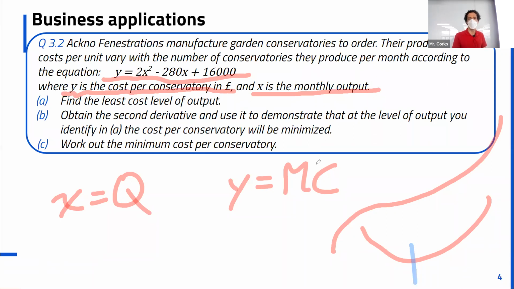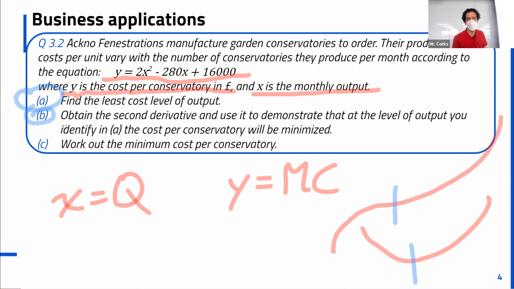So we find the derivative of the marginal cost, but the derivative of marginal cost is the second derivative of total cost. Those second derivatives are inflection points. So it's really the exact same thing we did in class. Find the inflection point, it's just stated a different way. Okay, so that's what A is.